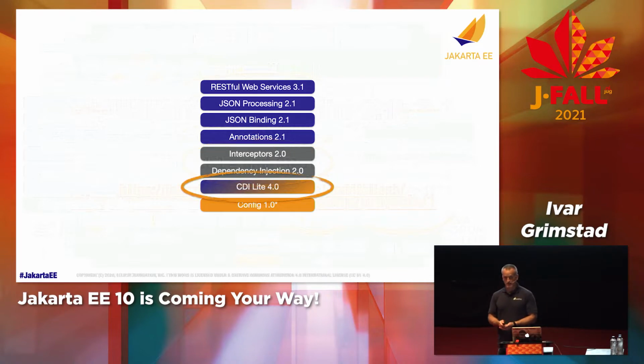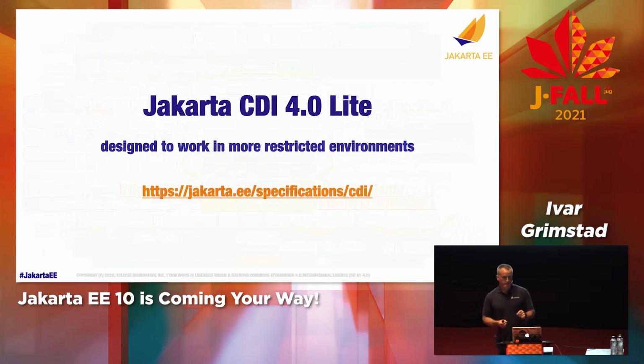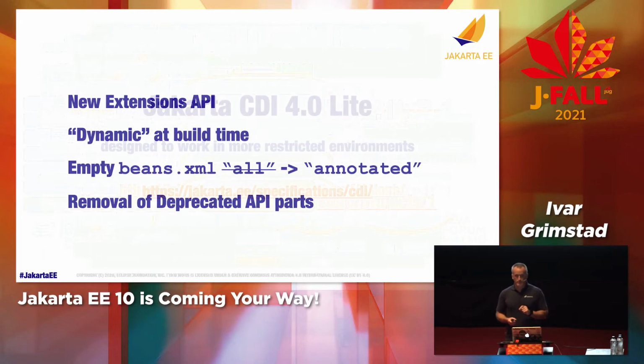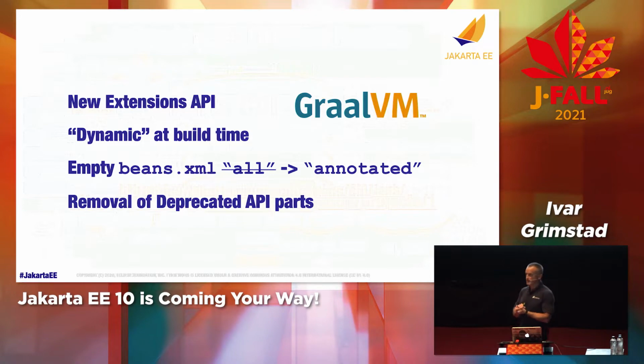Then it's CDI Lite 4.0, and CDI Lite is designed to work in more restricted environments. And what we mean by that is we want to make it possible for implementations to compile to native, for example using GraalVM to produce native images. And since CDI is very dynamic in nature, what's needed is to take away the dynamic features. They're still there in CDI 4, so CDI Lite is just a subset of CDI.